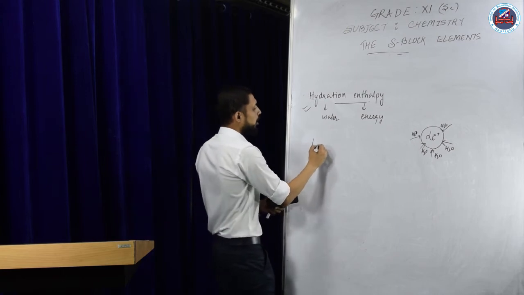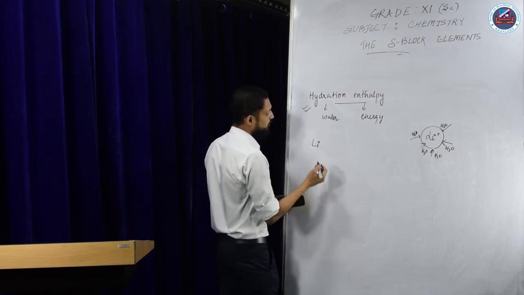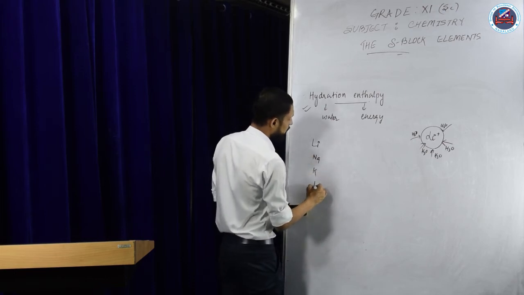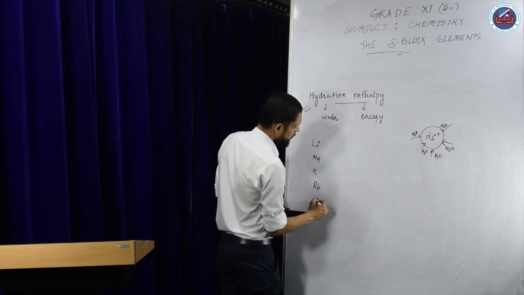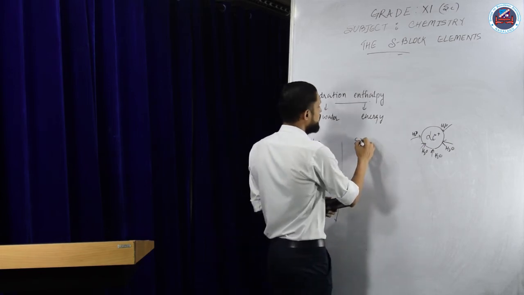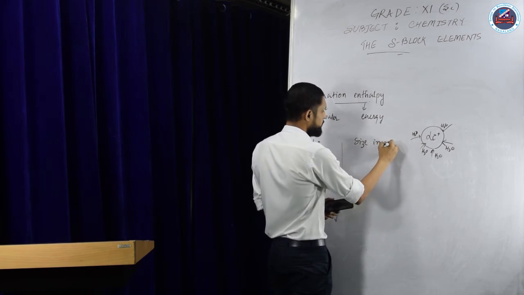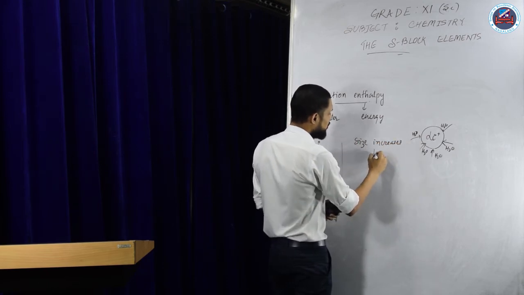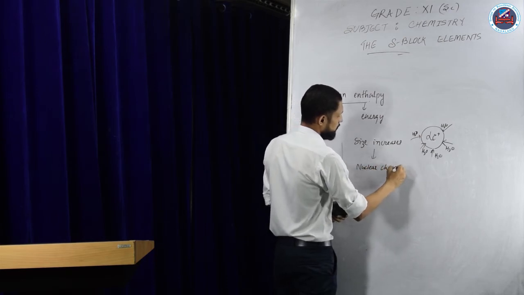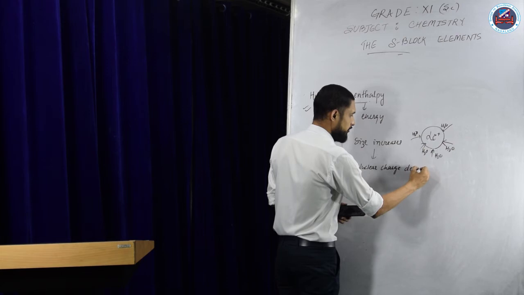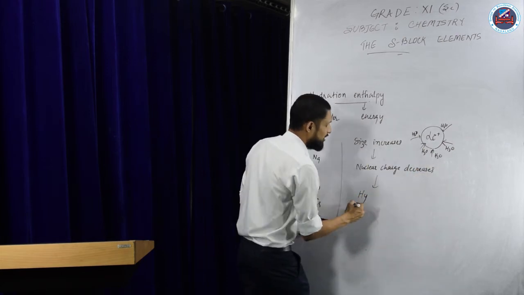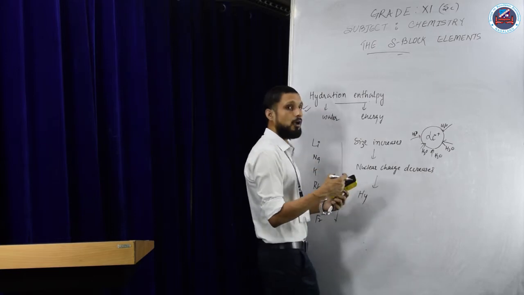Now as we go down from lithium to francium or cesium: lithium, sodium, potassium, rubidium, cesium and francium. As we go down, we know size increases, and if the size increases, nuclear charge decreases, and if the nuclear charge decreases, the tendency to attract the water molecule also decreases.